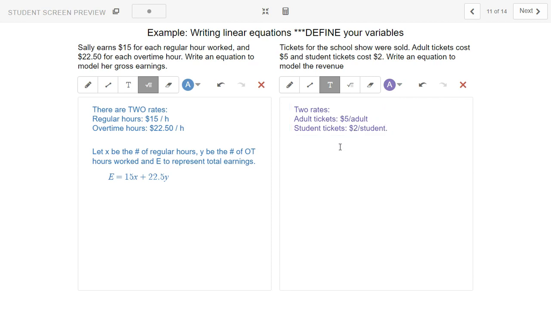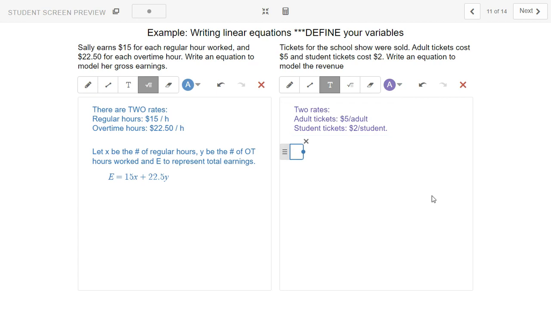So let's write an equation to model this. But before we write an equation, we need to define our variables. What's going to change is whether we're selling an adult ticket or whether we're selling a student ticket.